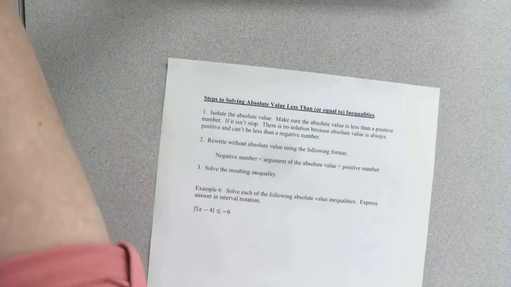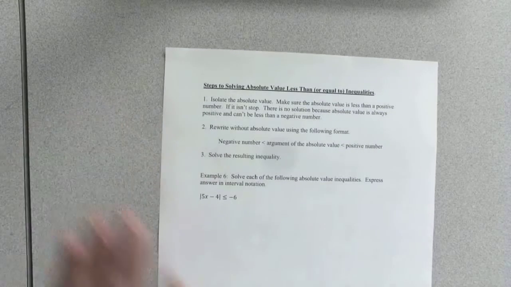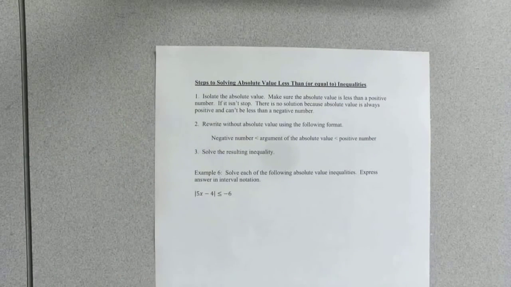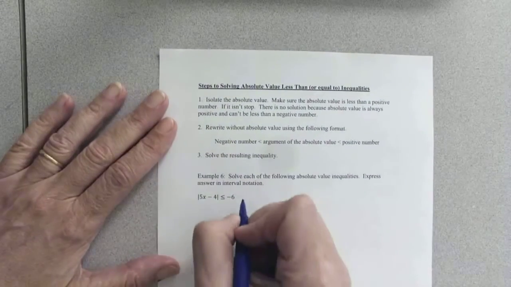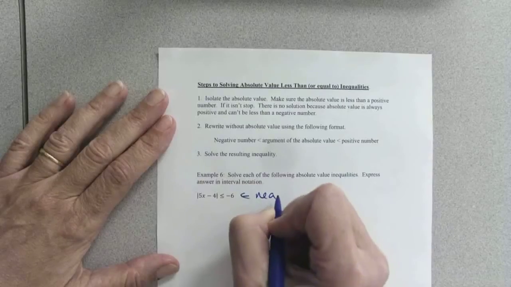Okay, let's practice these guys. This one I won't do to you on a test, but it happens in the homework. Step 1, isolate the absolute value. Got it. Make sure the absolute value is less than a positive number. Here it's a negative number.